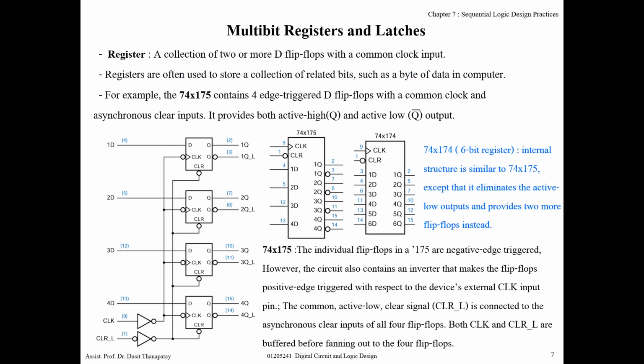And the next device is the register. What is it? A register is a collection of 2 or more D flip-flops with a common clock input, to store some data or some value. Obviously, we will not store just 1 bit.